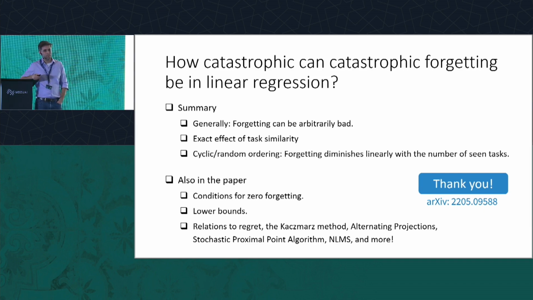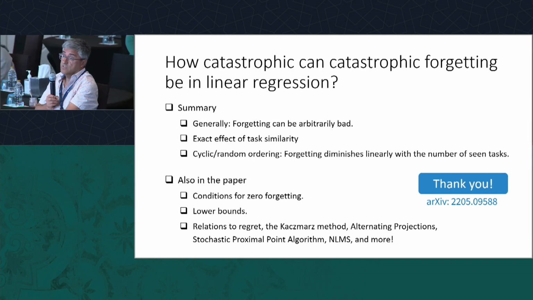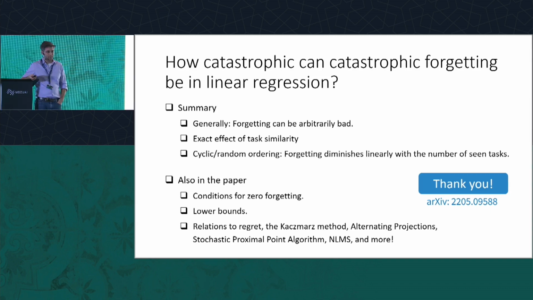Well, in general, maybe yes, because you need to store the data. But here, because it's linear regression, you just need to store a basis for the subspace. Yes, but I think in practice, like in neural networks, people do that, and it has some limitations. Eventually, you run out of budget. I think also in linear regression, you need to store a subspace times the number of tasks you saw. So that could be quite a lot. No, because here there is just one subspace.